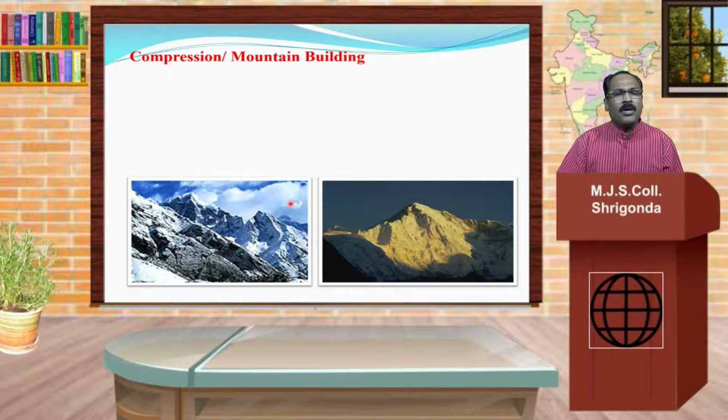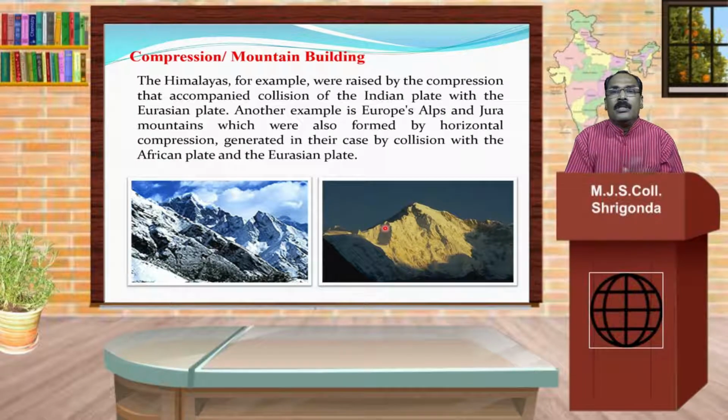In compressional mountain building, both sides compress and the middle points become uplifted. For example, the Himalayas rose from compression that accompanied the collision of the Indian plate and the Eurasian plate, which move toward each other.